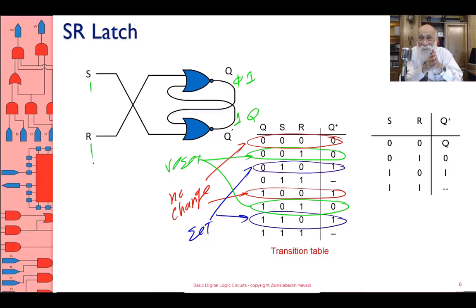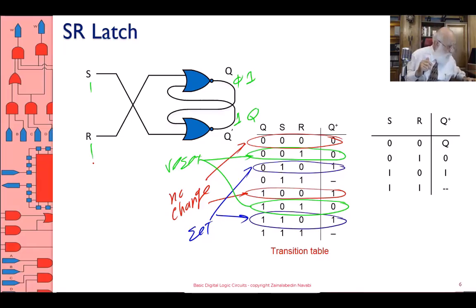What it means is my circuit forgets whatever it remembered before. It doesn't remember whether Q was 1, Q bar was 0, or Q was 0, Q bar was 1. Q bar and Q are exactly the same, so it remembers nothing. Since it doesn't remember anything, I will avoid 1, 1. If I ever do that, my circuit forgets.